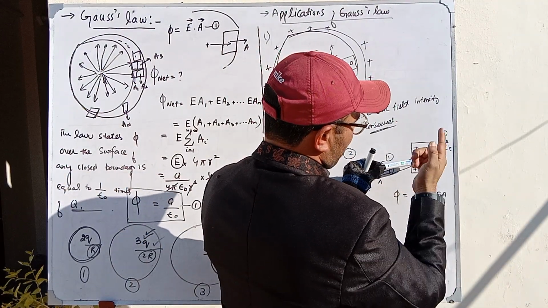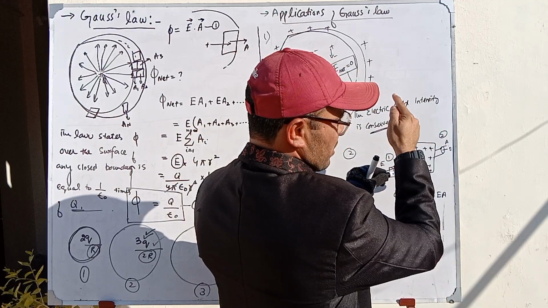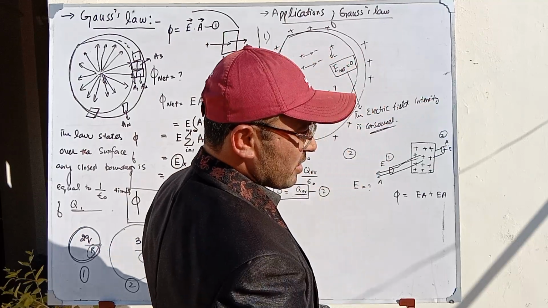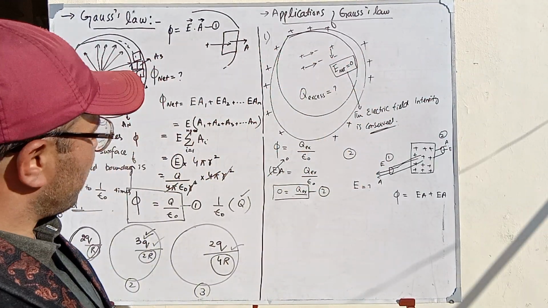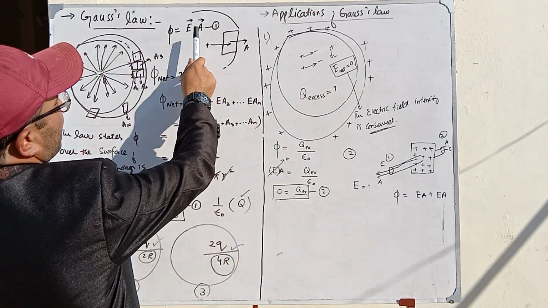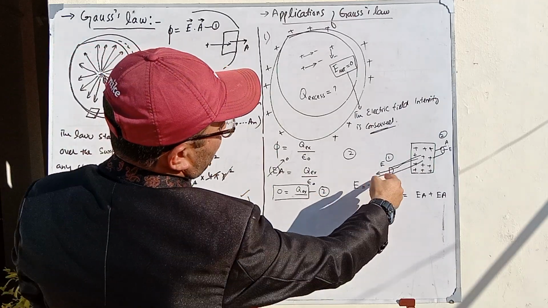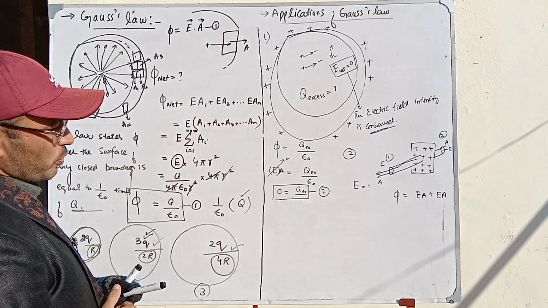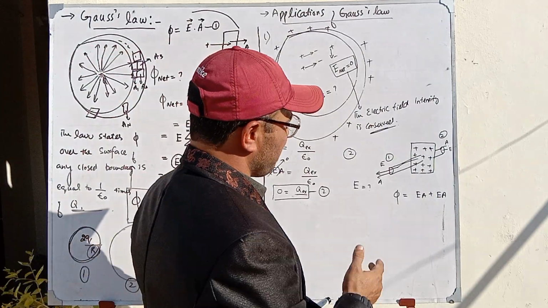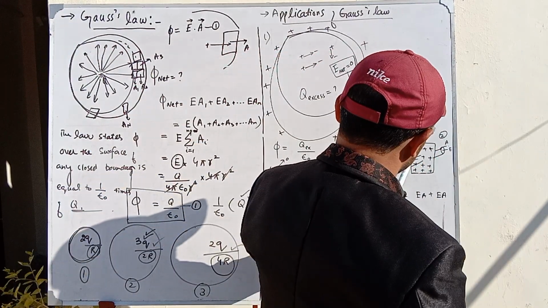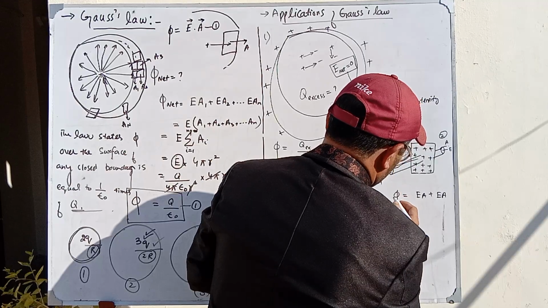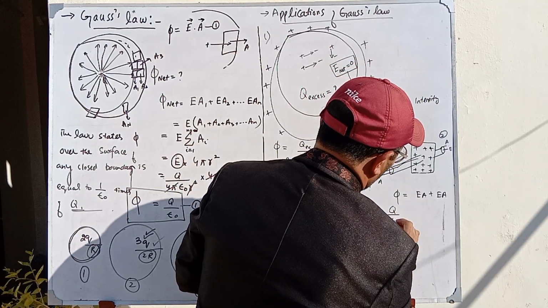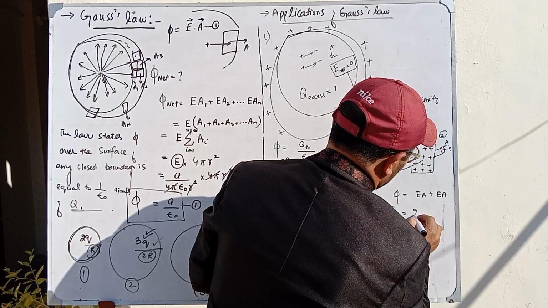Because the curved surface area is perpendicular to the electric field lines, and when there is a 90-degree angle between the area and electric field lines, cos 90 is 0 and I will obtain zero. So I just neglect these terms, and the electric flux for Gauss's law is Q over epsilon naught.